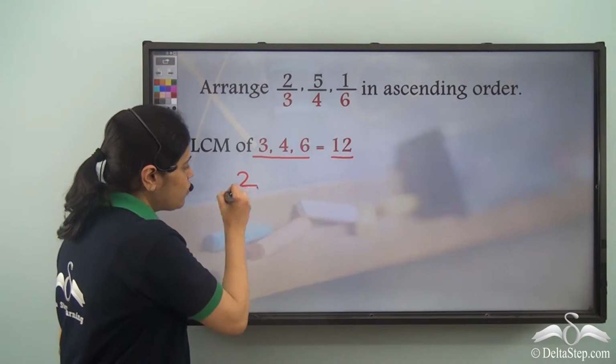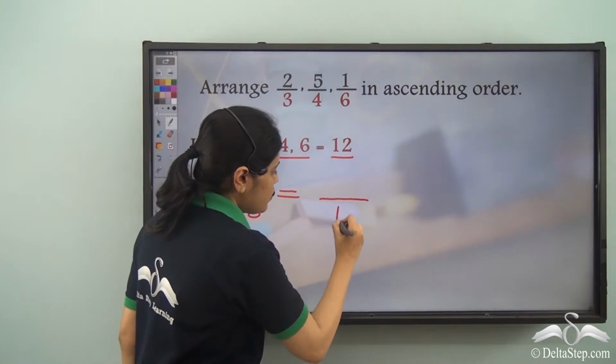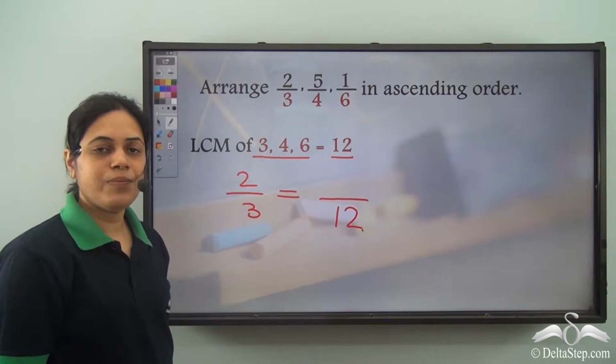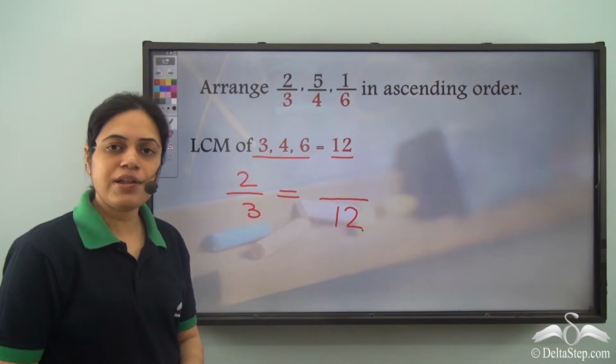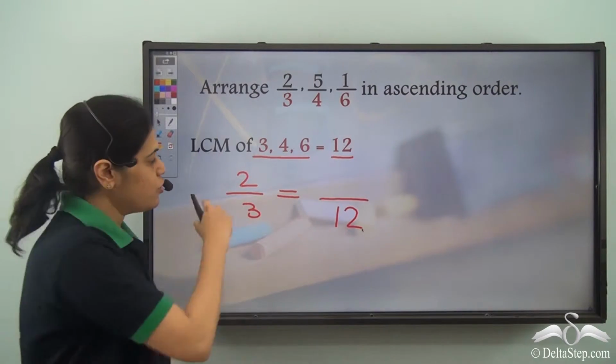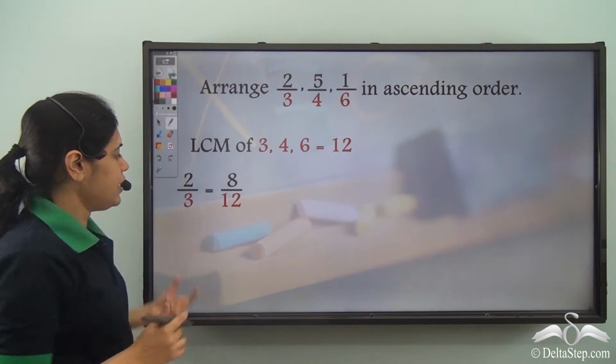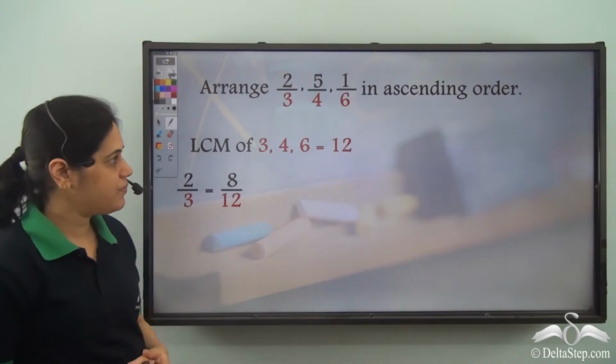So 2 by 3 is equal to something by 12. Now 3 into 4 is 12. So I need to multiply the numerator also by 4. 2 into 4 will be 8. So 2 by 3 is equal to 8 by 12.